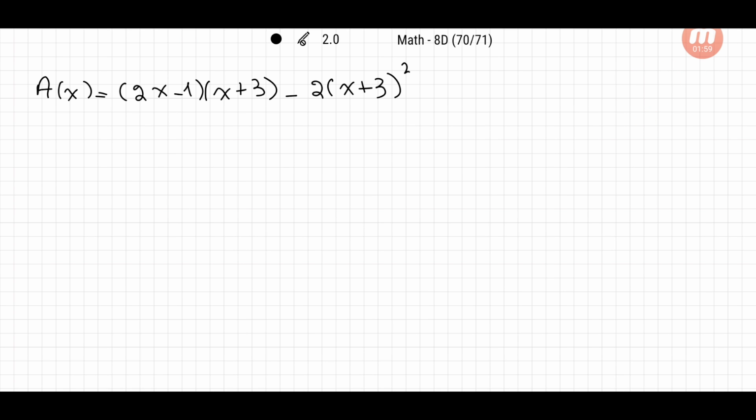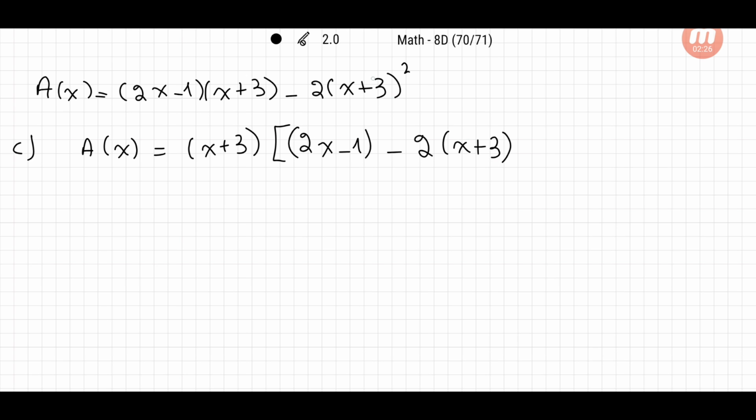Now part C, factorize A of x. I take x plus 3 as a common factor, open brackets, 2x minus 1 minus (2x plus 3) squared divided by x plus 3 is 2x plus 3.